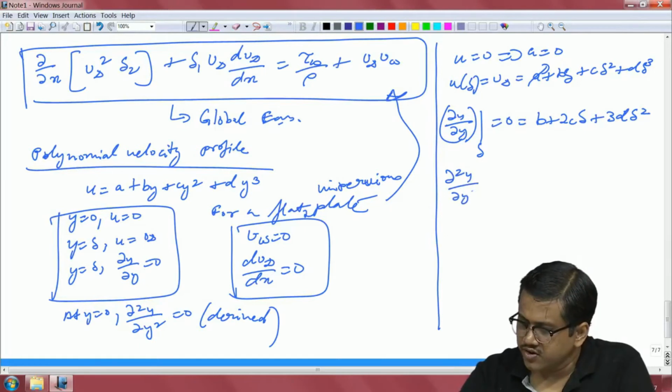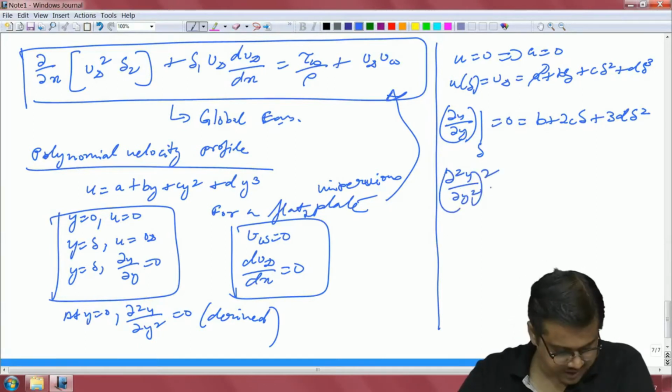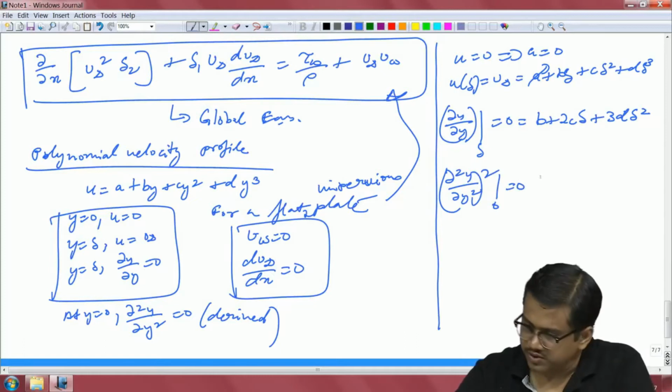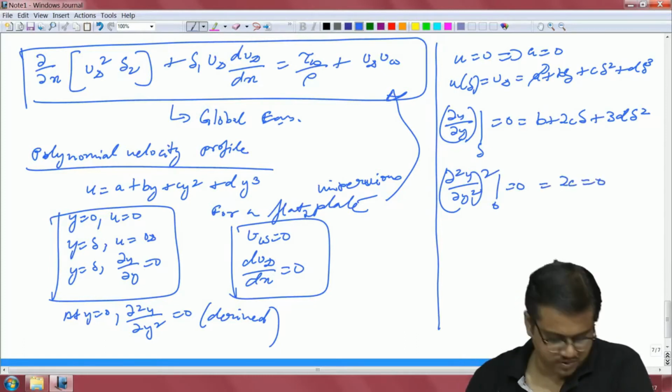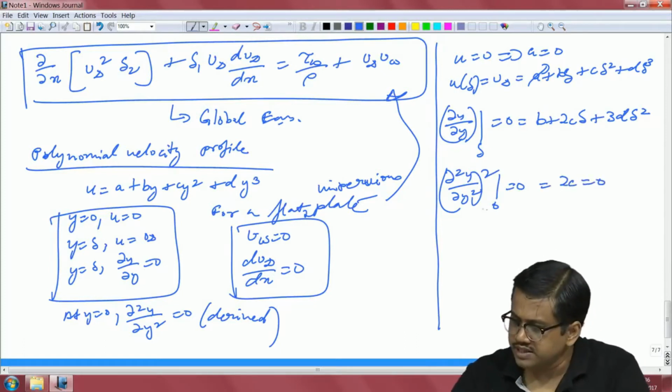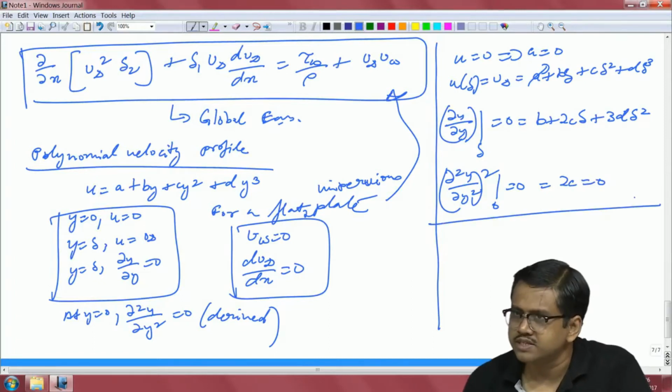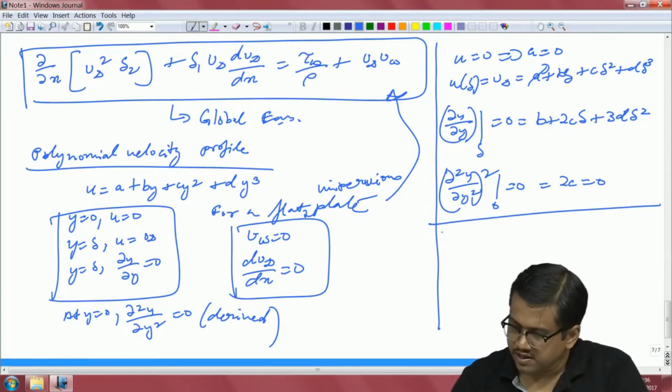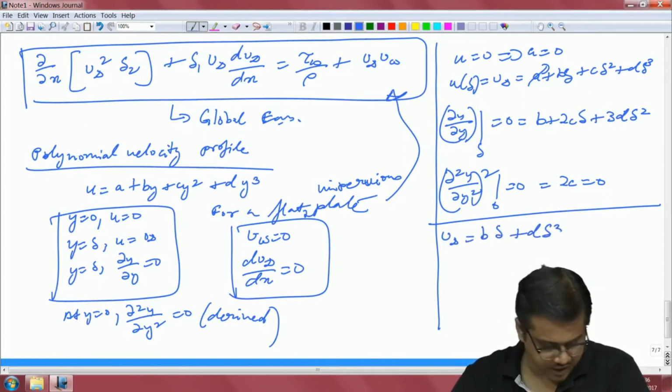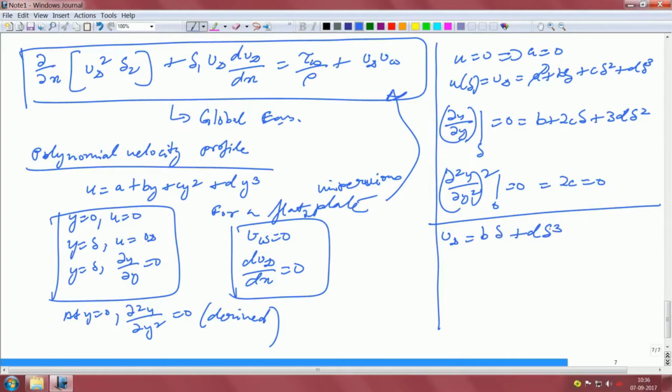Thirdly, d square u by dy square at 0 is equal to 0 implies 2c is equal to 0. So, accumulating all these, we have u infinity is equal to b delta plus d delta cube, and the other one is 0 equal to b plus 3d delta square. So, you can solve for b and d from these expressions.